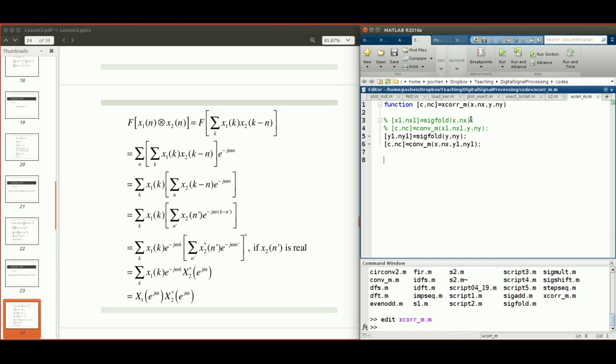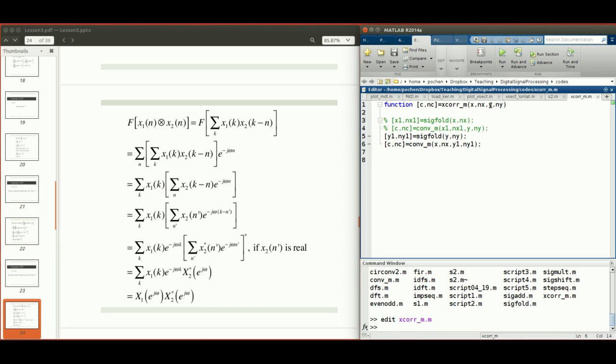We talked about this function in lesson 1, and did some experiments with it. You have two input signals, x and y. Here I'm folding the second signal, y, before doing a convolution. So conv_m is our own convolution routine. As I was telling you, correlation in the time domain is basically convolution after folding.